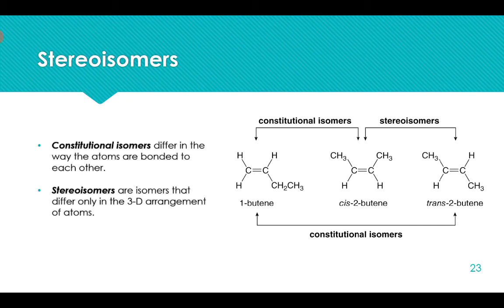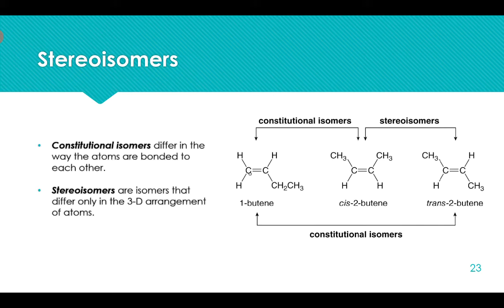So this brings us to a different category of isomerization than we have seen before. Before we talked about constitutional isomers. Constitutional isomers have a different bonding connectivity. So they differ in the way that the atoms are bonded to one another.